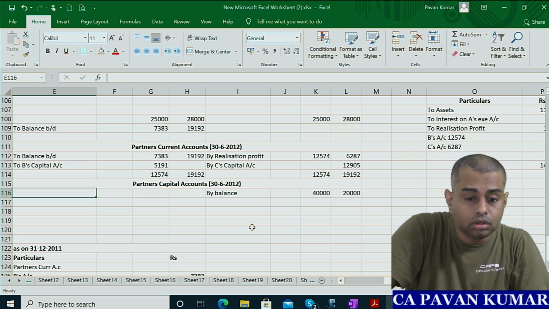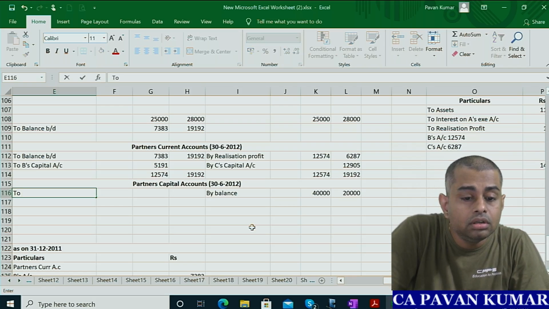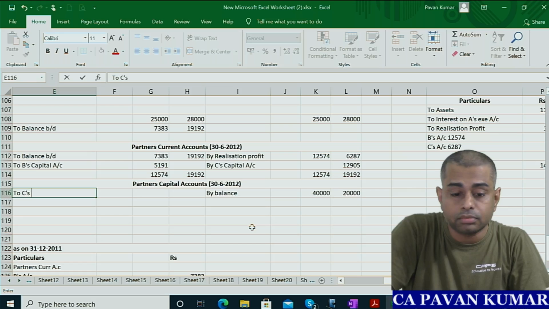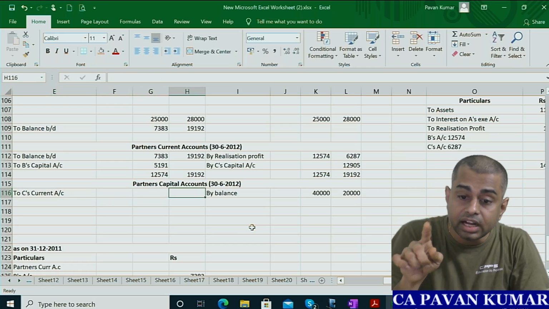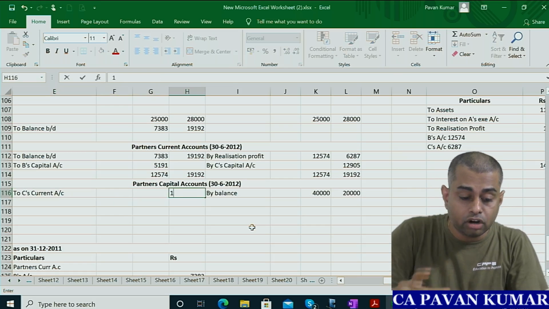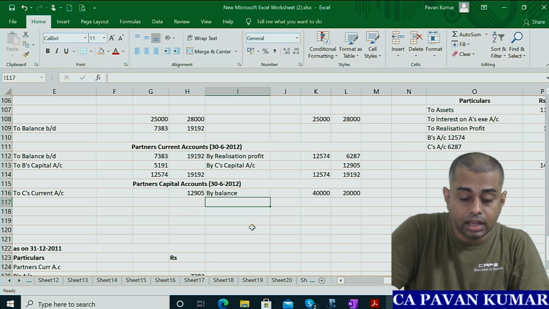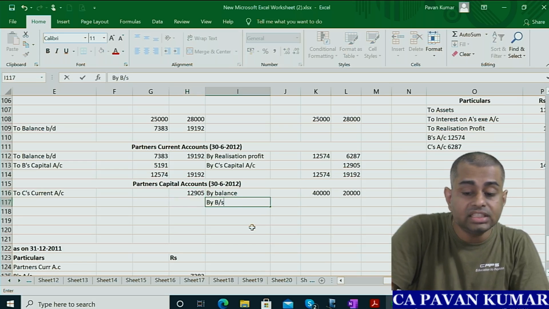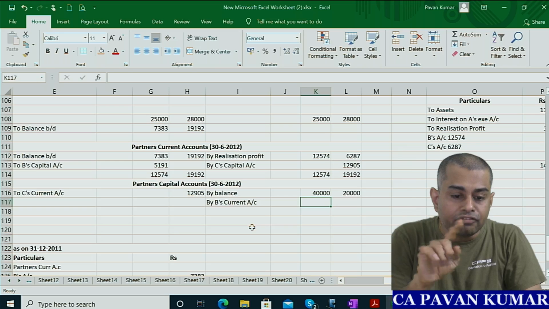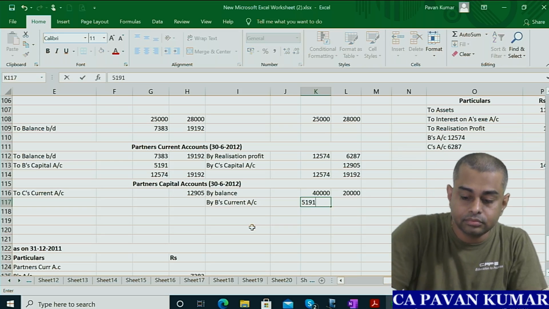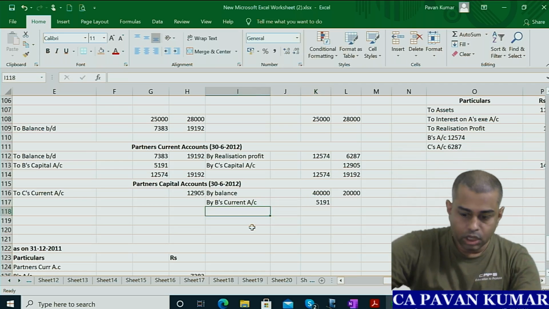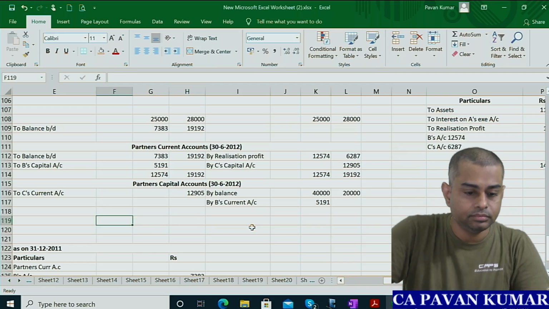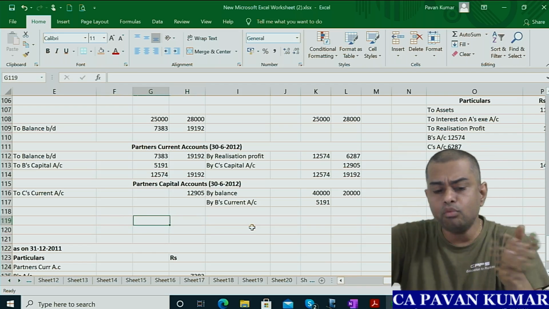So to C's capital account, from C's current account, how much? 12,905. Here by B's current account, 5191. You understand these two entries? Okay, now balancing. Simple.